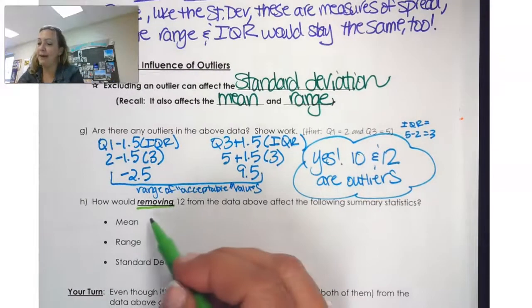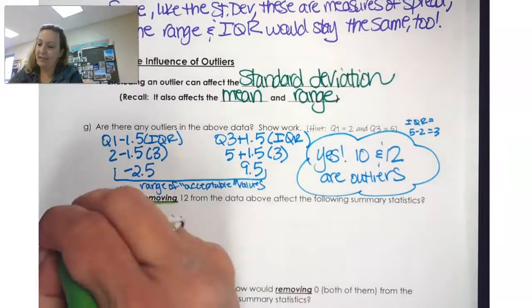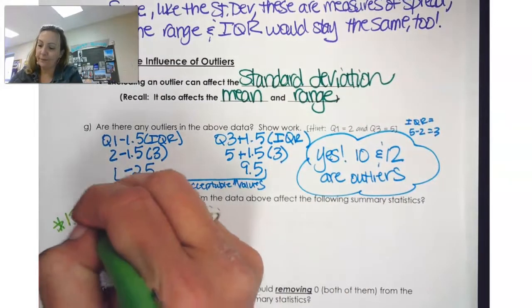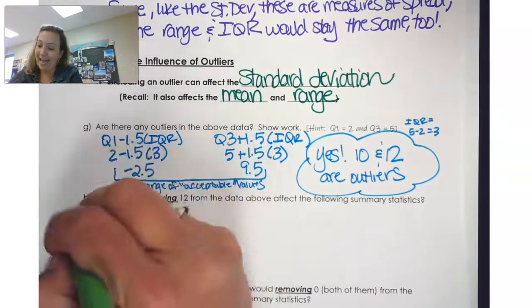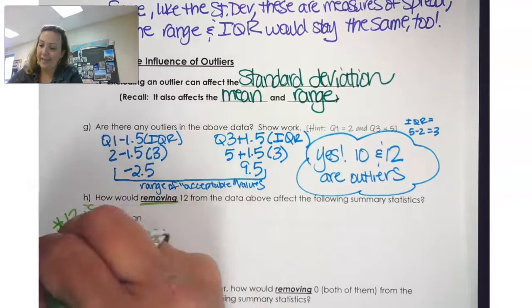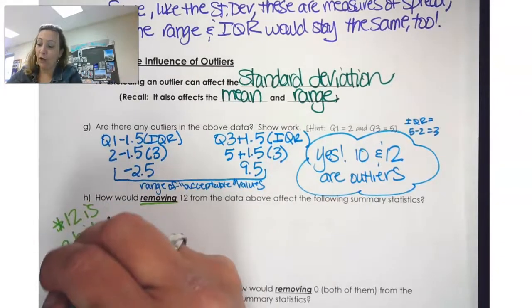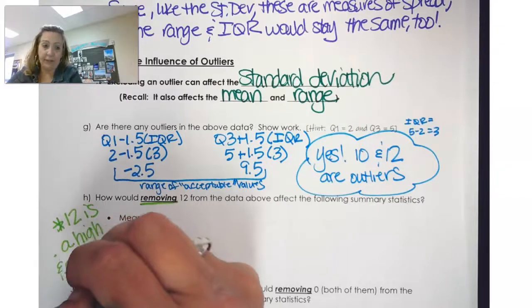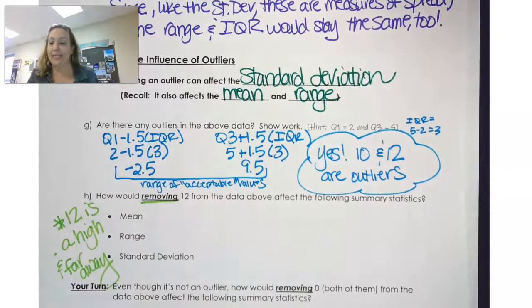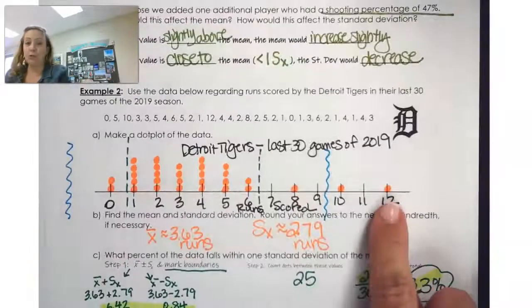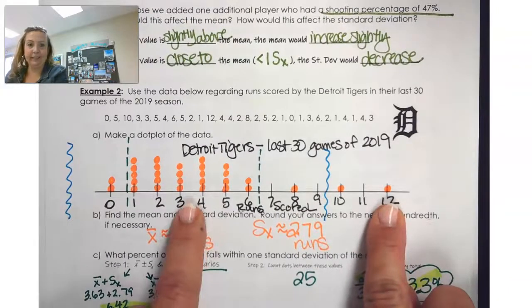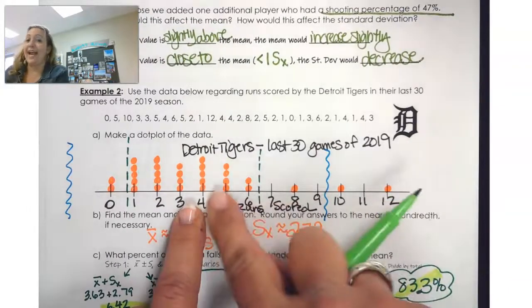Well, let's think about what 12 is. 12 is a high and far away value. In relation to the other points, 12 is above the mean, and it's way outside of 1 standard deviation.